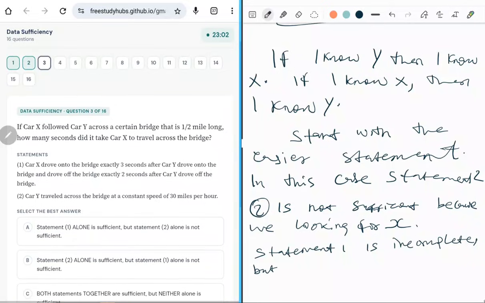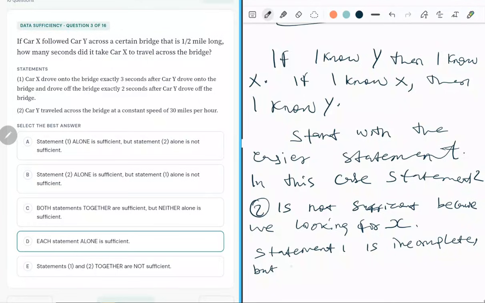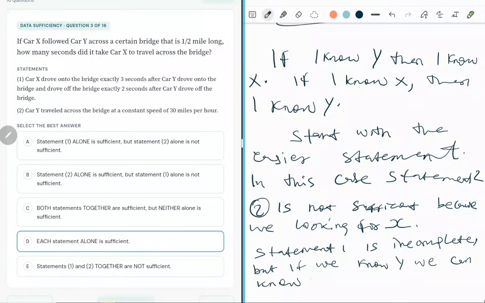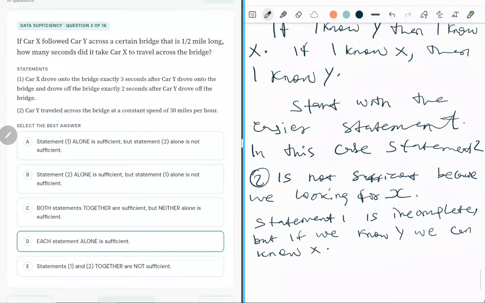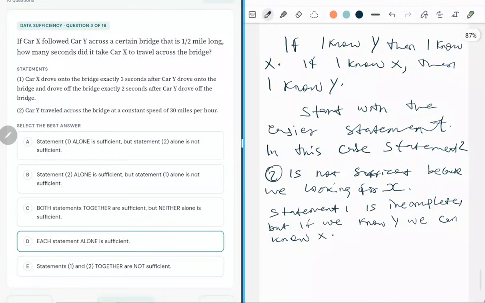I want to see option E. So we know B is not correct, so I can cross out B. And A alone is not correct, because I can't answer that question with just A. Or can I? I don't have anything about the speed. All I know is 3 seconds. So I can't use B. So if I cross out A and I cross out B.